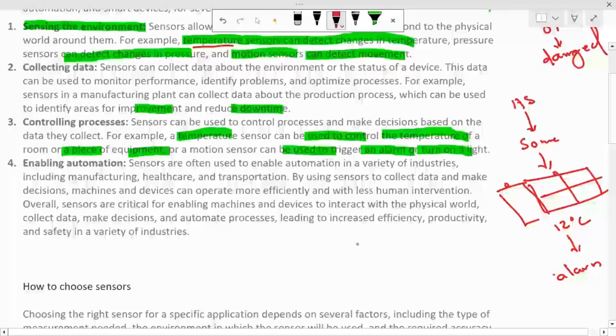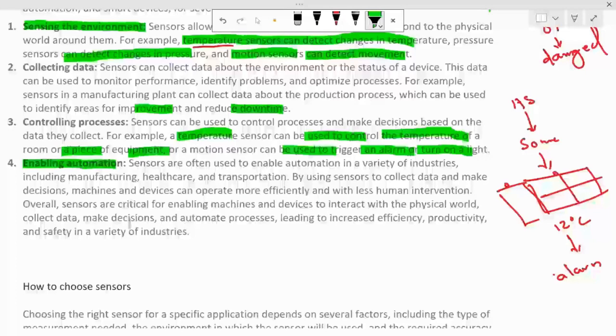Now let's understand the fourth point, enabling automation. Sensors are often used to enable automation in a variety of industries, including manufacturing, healthcare and transportation. By using sensors to collect data and make decisions, machines and devices can operate more efficiently and with less human intervention.